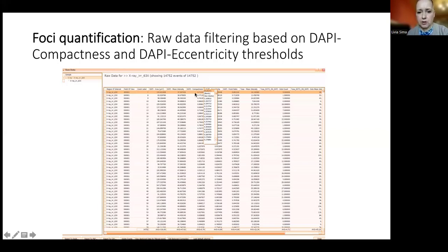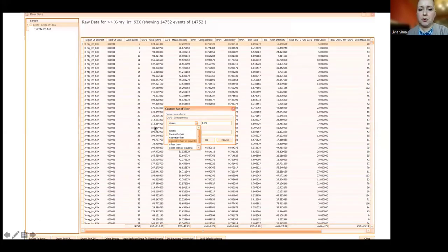So we have filtered the events that were analyzed based on DAPI compactness. And we used the previously generated threshold of 0.73 to select for cells that are compact. Further, we have then filtered the cells based on DAPI eccentricity to determine the cells that have either round-shaped nuclei or that are more elongated.